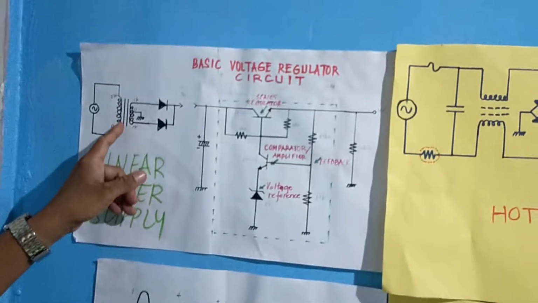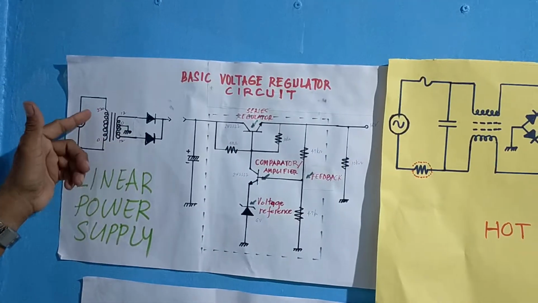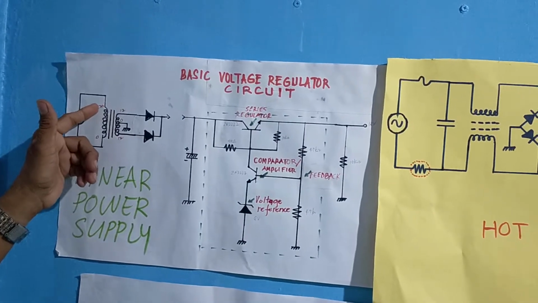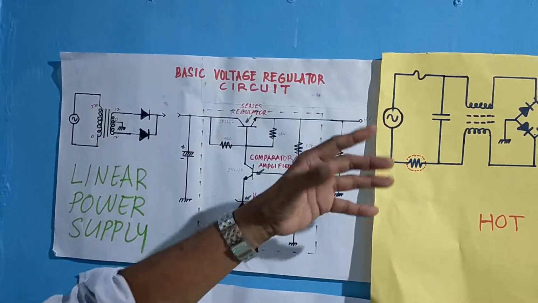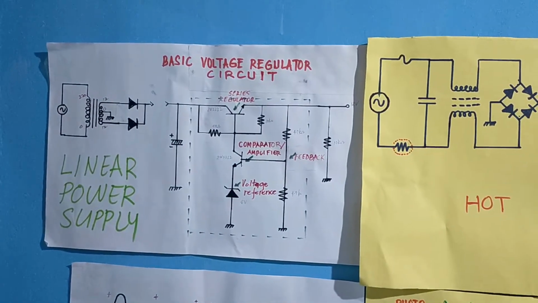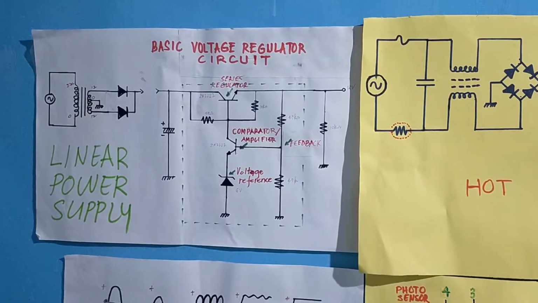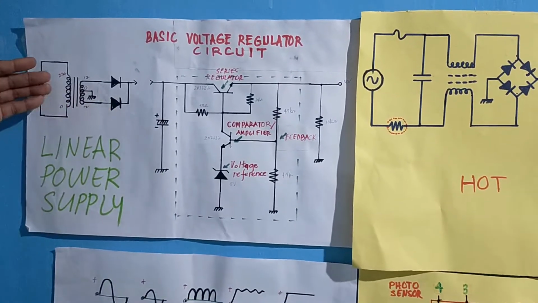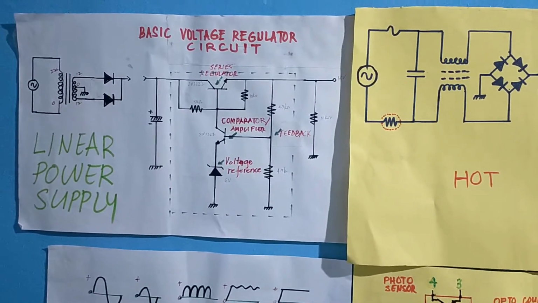The transformer is used to lower the voltage from 230 volts down to 12 volts, as is necessary for the particular circuit. The electronic circuit probably needs a lower amount of voltage, 12 volts, because 230 volts from the outlet cannot be directly fed to the circuit. So we need to transform it using a transformer.